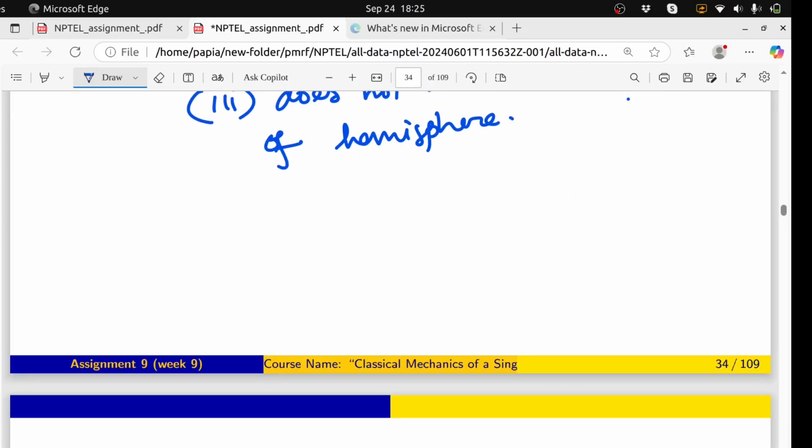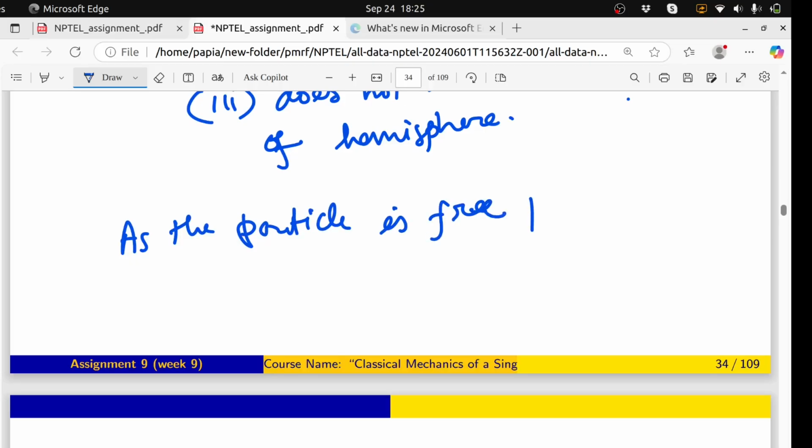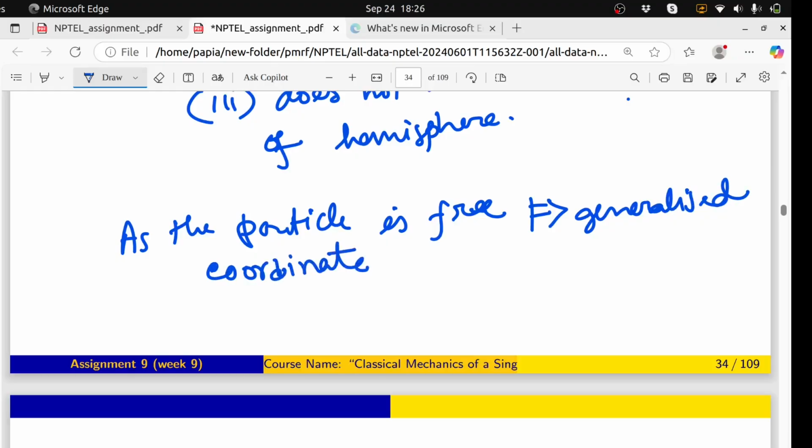So the generalized coordinates will be 3.